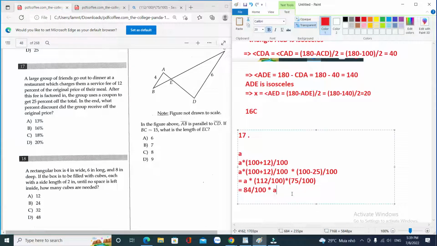So it should be 16%, right? So the answer should be B.